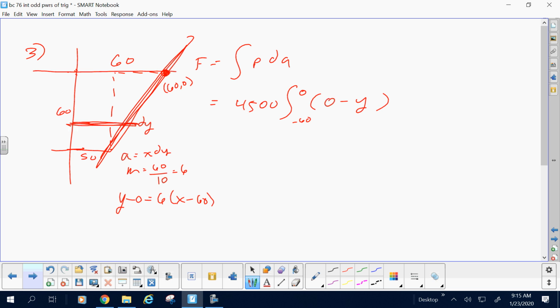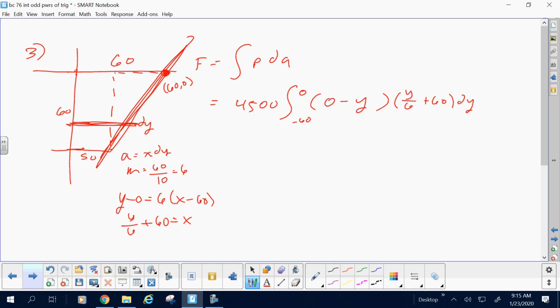Solving that for x, I would divide by 6 and add 60. Do you concur? All right, so then you're talking that x times the dy, and that gets you the force in A. You with me? All right. Should we talk about B?